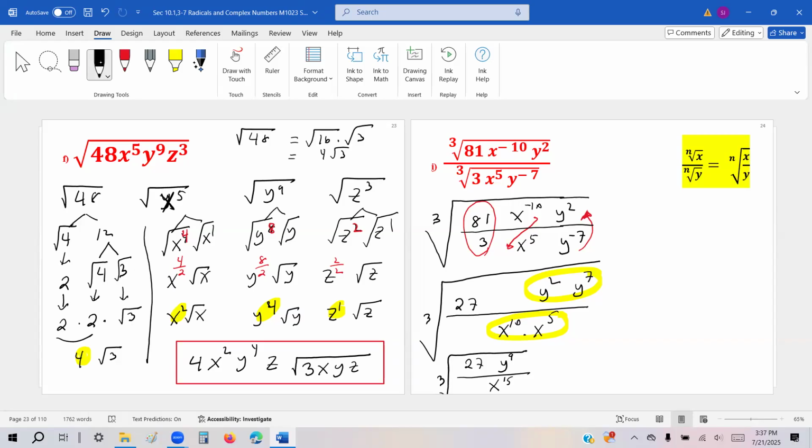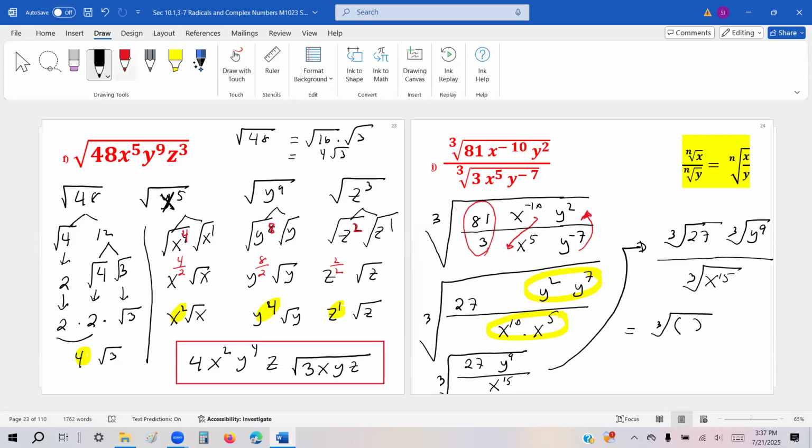And now you're going to split them. Cube root of 27, cube root of y to the 9, and cube root of x to the 15. Can you rewrite 27 as something to the 3 power? 3. So it's 3 cubed. Y is 9 divided by 3.